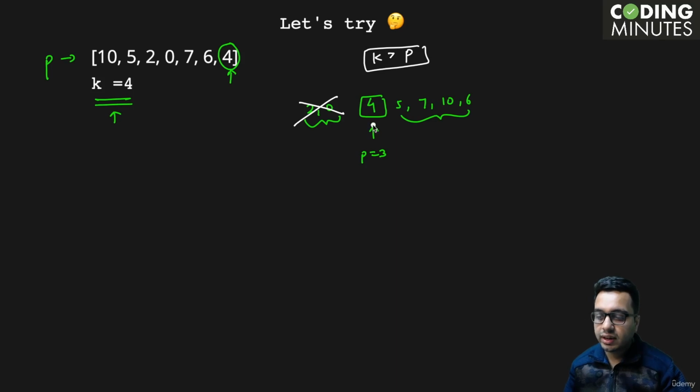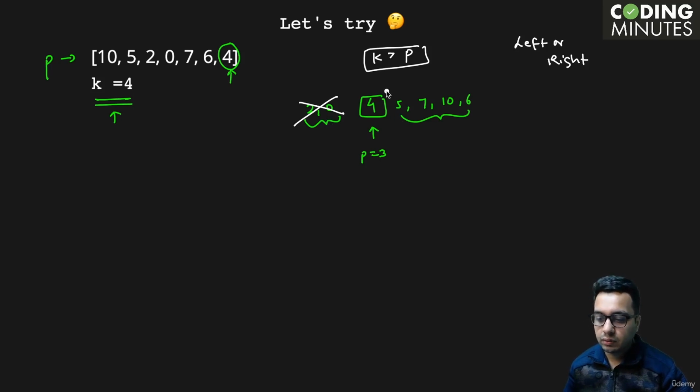That means if the third element is lying at this index, the larger element will obviously lie on the right. So we will either go left or go right, but we will not go in both of these directions. This is the idea, and that will help us optimize this solution.